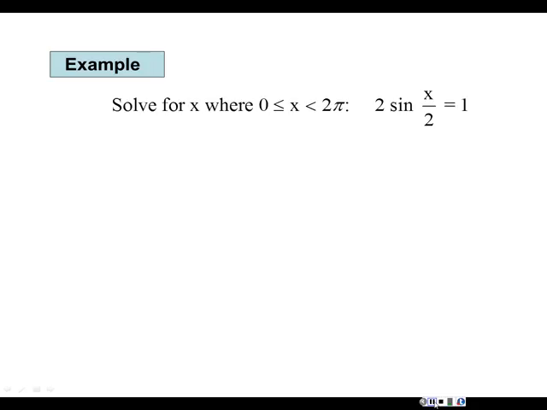And then x is what? If you multiply both sides by 2, you will have 5 pi divided by 3. So these are the two possible values of x, and we always double check with the restriction.